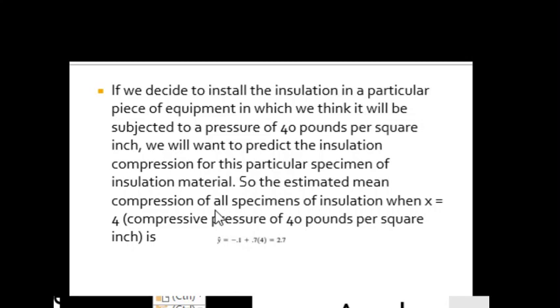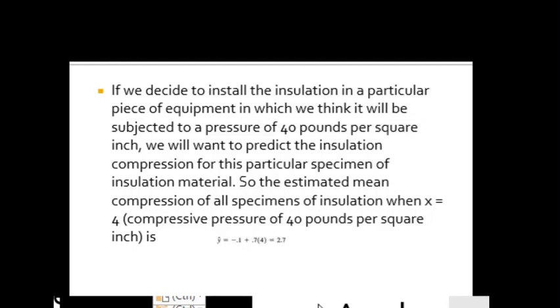So if we want to estimate the mean compression, we will have to plug in X equals 4, a compressive pressure of 40 pounds per square inch. When we plug in 4, y hat is negative 0.1 plus 0.7 times 4, which is 2.7. So that's a point estimate based on the model. We can also create two intervals around this value.